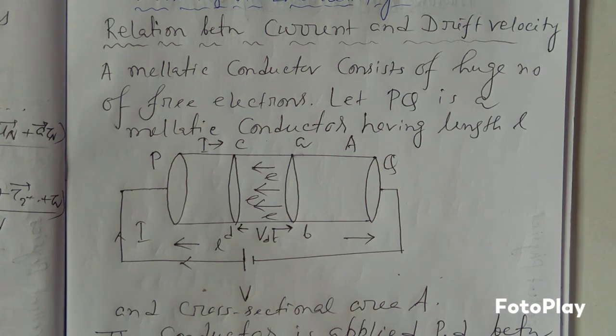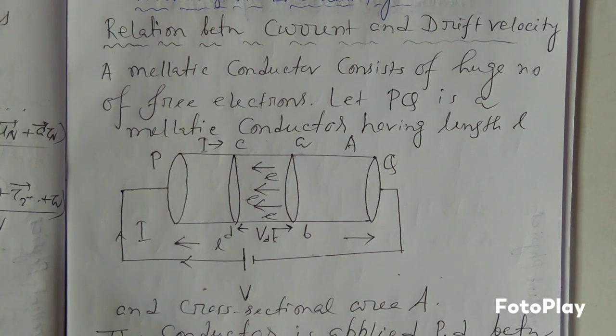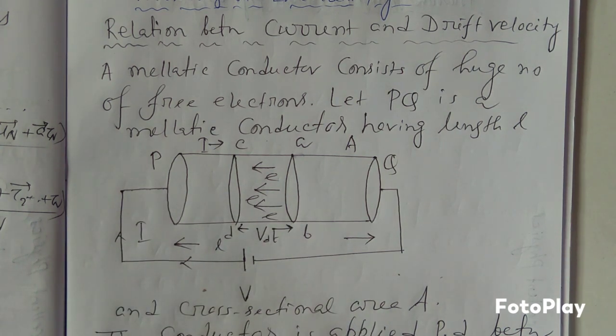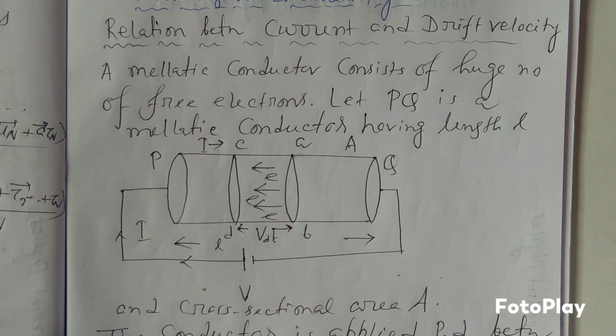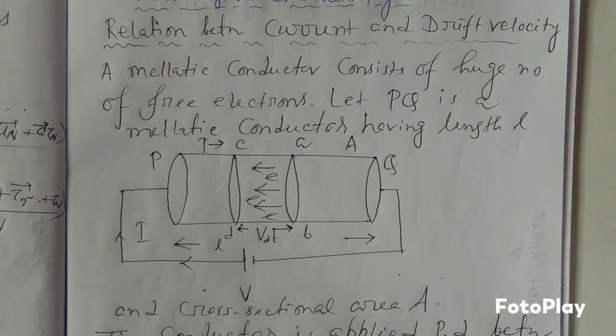The electrons are drifted in this direction, towards the positive terminal from the negative terminal of the source.